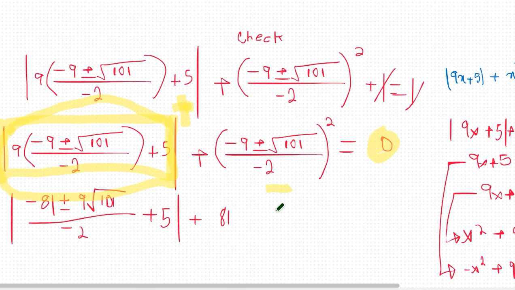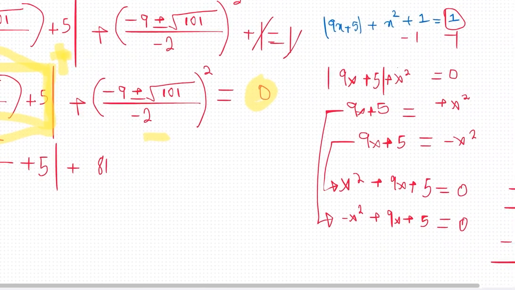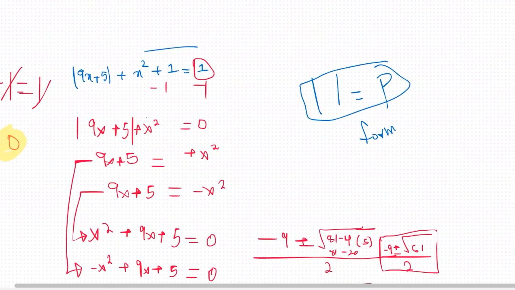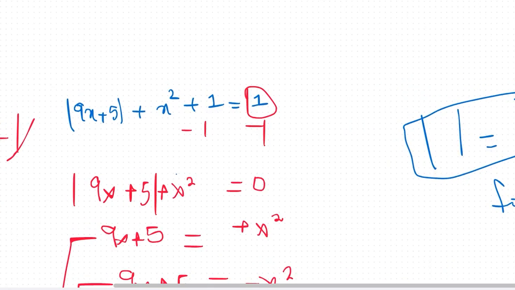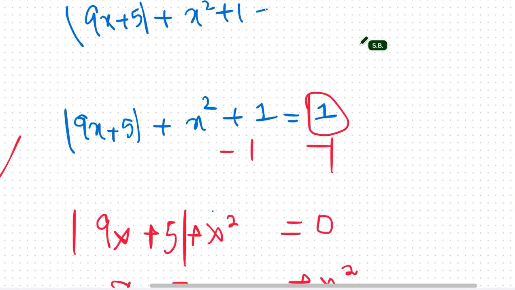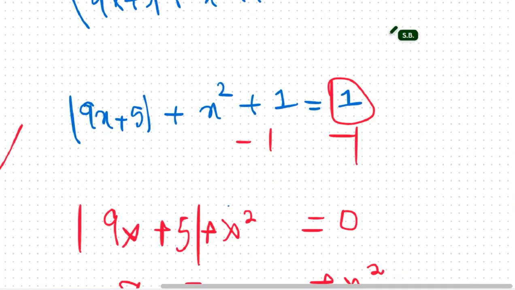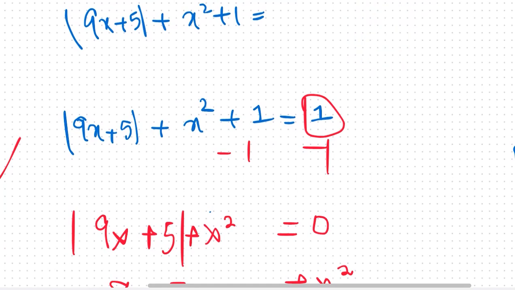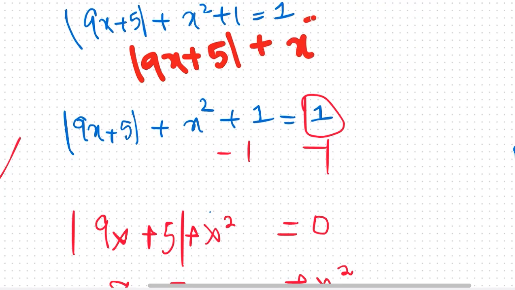So this is one trick. So the question was what? This was the question. By looking at the question, sometimes we can judge the answer directly. The question was like this: x square plus 1 was 1. So basically, from here we can say plus x square is a non-negative.